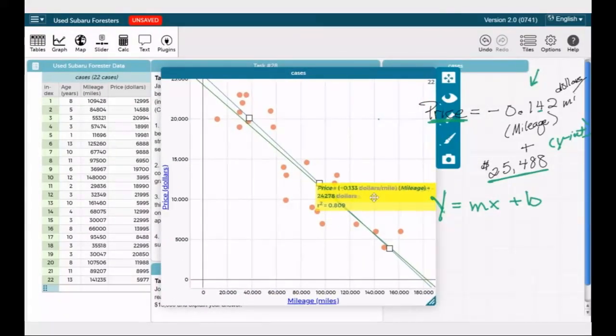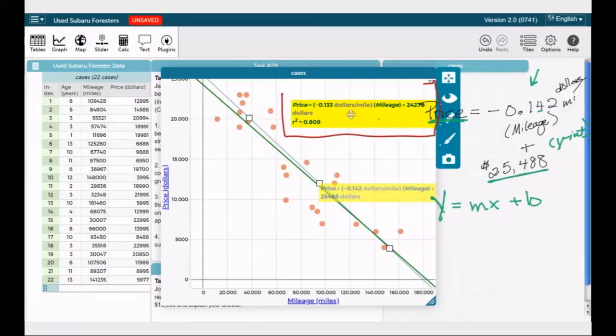Hopefully, your two lines are very close to one another. If they are, that means you really did a pretty good job of picking the actual line of best fit. So for this data, I was pretty close, but the correct answer is this formula.